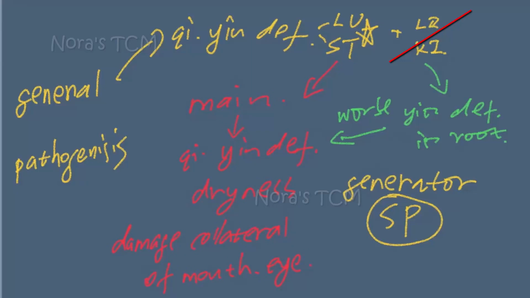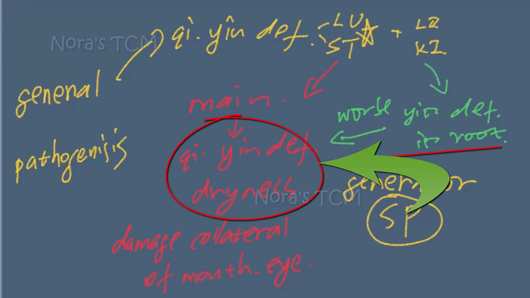So in early phase, maybe only lung stomach yin deficiency, dry mouth, thirsty, but with the development of the disease, liver kidney generates the yin in the root. So if there's a liver kidney yin deficiency, for example, in a moderate age, it damages more. It will make the qi and yin deficiency in lung and stomach worse.